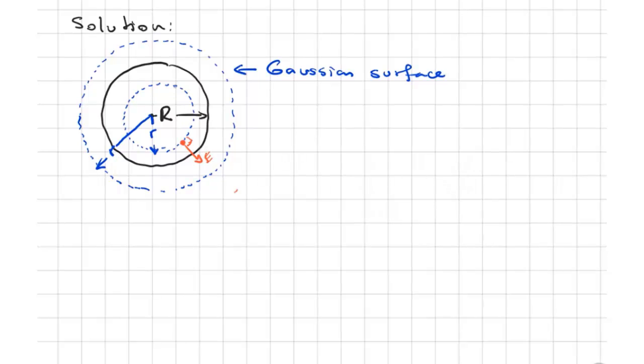At every point it is going to be radial. Okay? Inside. And the same situation is going to happen outside. At every point here, the electric field is going to be radial. Okay? So, that's what happens.